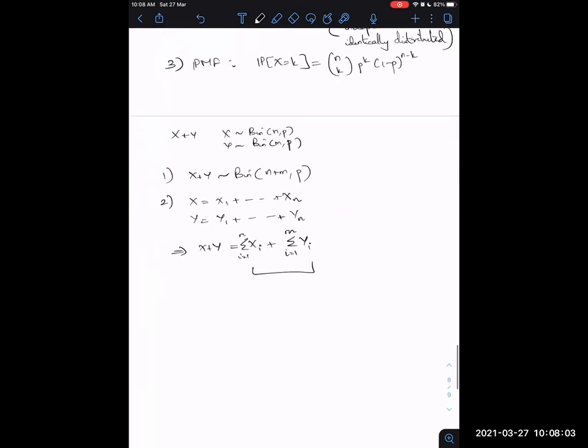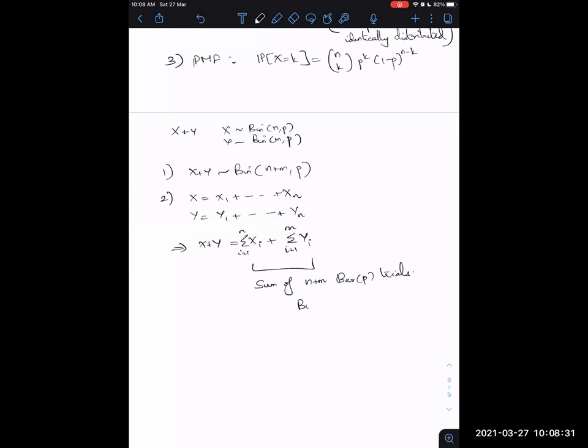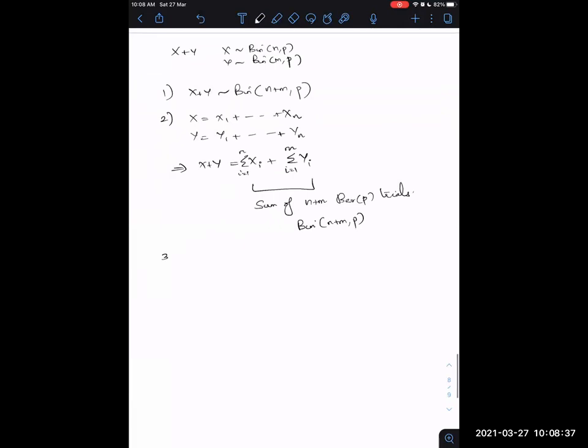And this is sum of n plus m Bernoulli trials, and all of them are based on the same coin. So n plus m Bernoulli p trials. The p is fixed. So this is exactly the definition of a binomial n plus m. Okay, I hope that's clear. So this is almost same as the first way to look at it. Now, let's see how you do it otherwise.